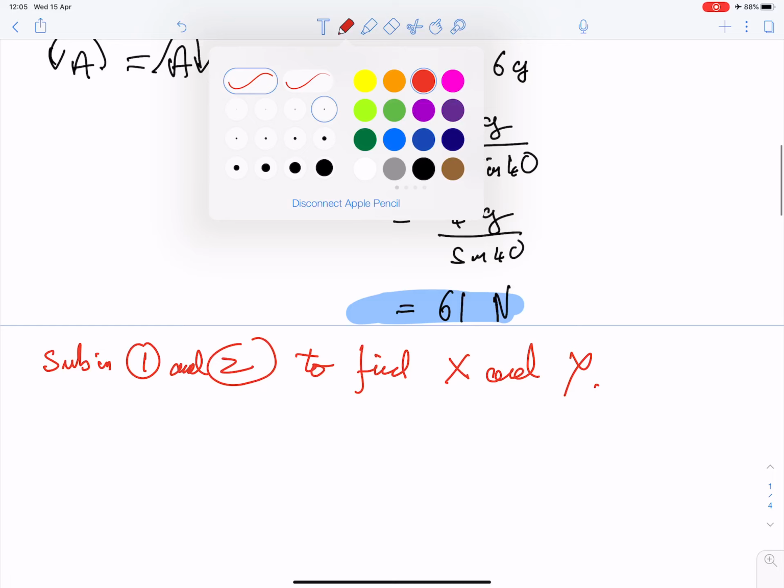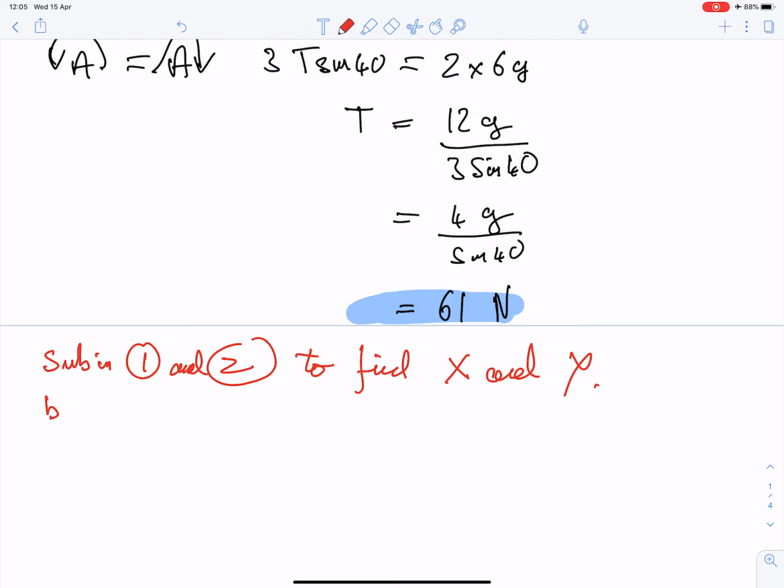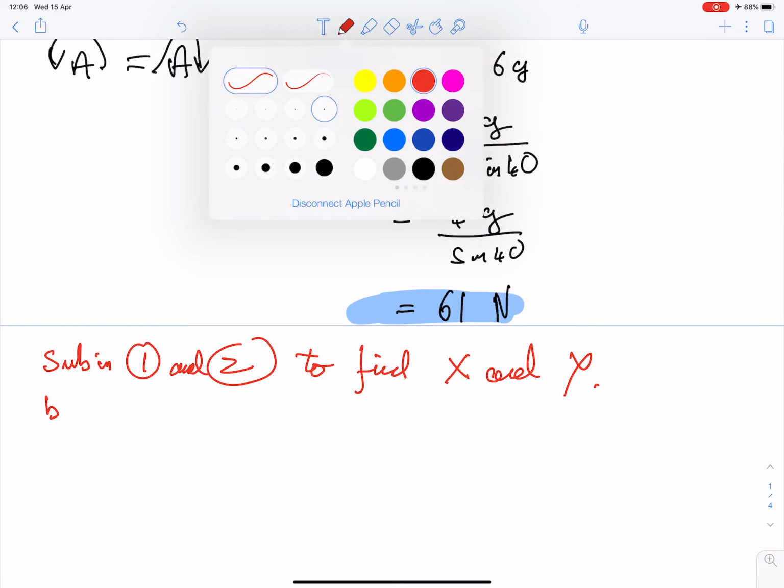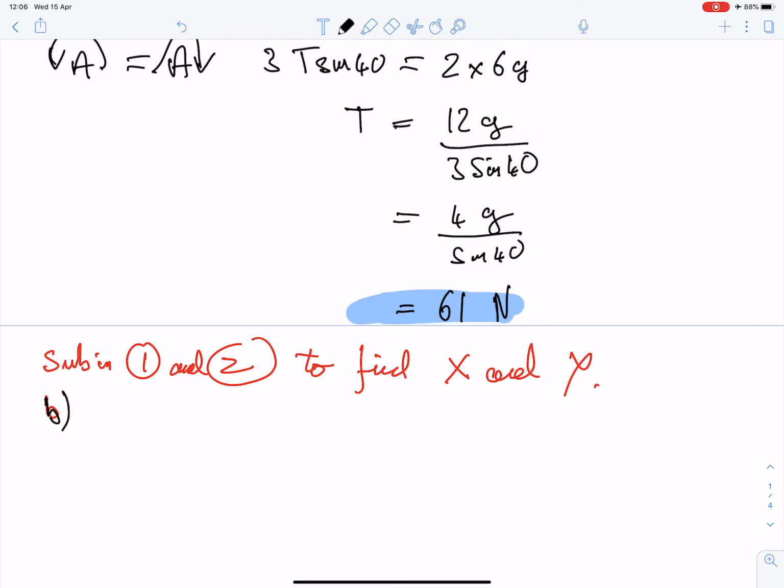Now we've got T, we can substitute back in to get X and Y. Yeah, so we can substitute in for T, back up here. So T equals 61, we can substitute it in here and in here.